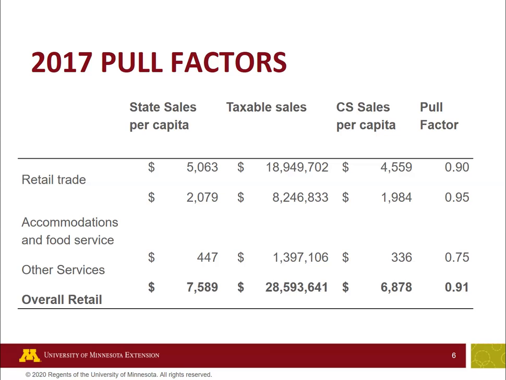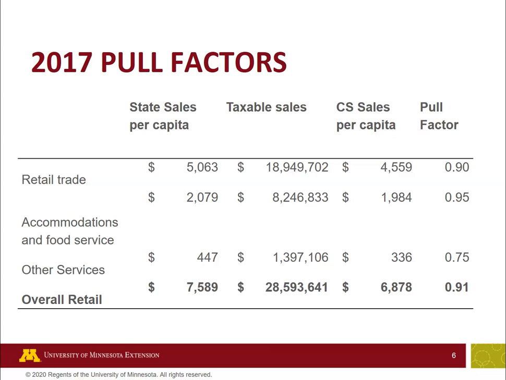So in this case, what we saw was that in the retail category, Cold Spring was losing a little bit of sales to elsewhere, but in general was just slightly below the state per capita average with a pull factor of 0.9. On the accommodations and food service area, almost to a 1 with a pull factor of 0.95. And then on other services, it was slightly below the state per capita sales.